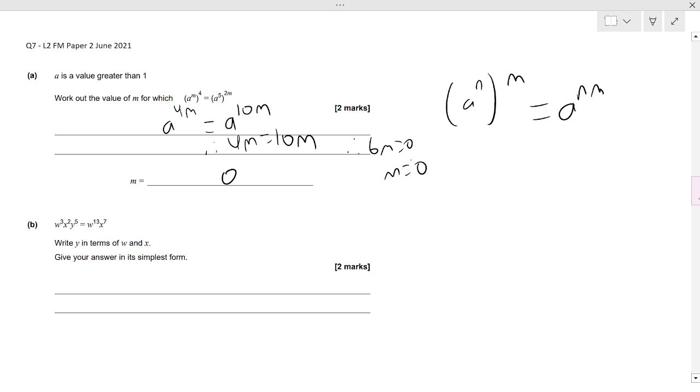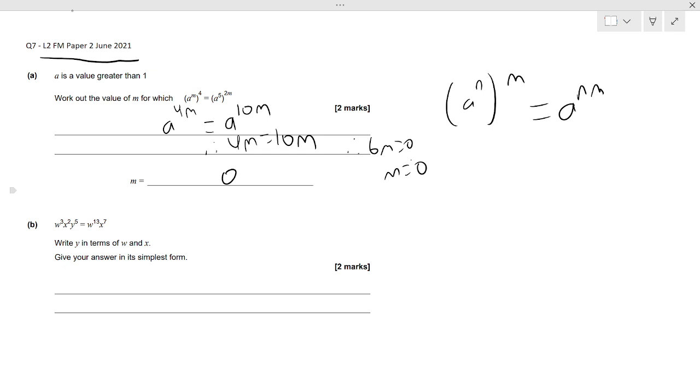Let me check that. That seems a bit weird to me. Interesting question. By the way, all these questions, if you are interested or stuck on a particular question and you want to see where it comes from, see the mark scheme or whatever, I've noted all the questions where they came from.